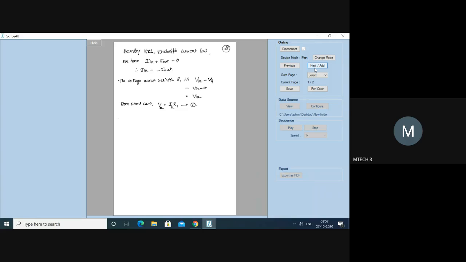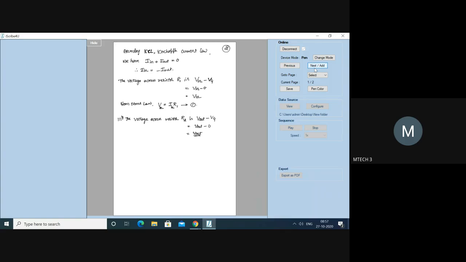Now similarly, we will write the voltage across resistor R2. In place of Vin, we write Vout minus Vg. Vg will be equal to 0, so the voltage across R2 will be equal to Vout.